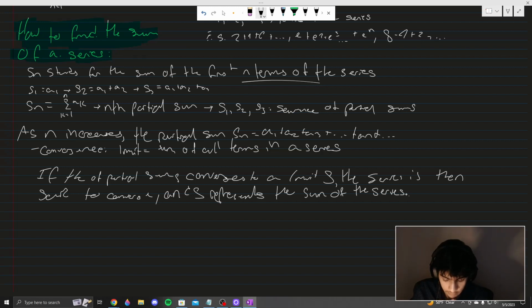Okay, so if S sub n, sorry, I'm regressing a little bit, but if we want to keep this in sigma notation, I'm just trying to follow what the textbook theorems are saying.